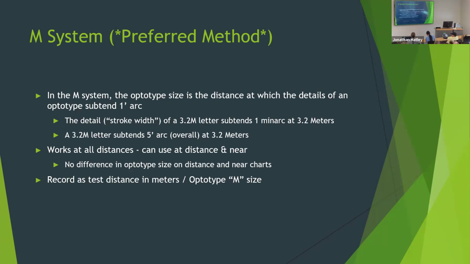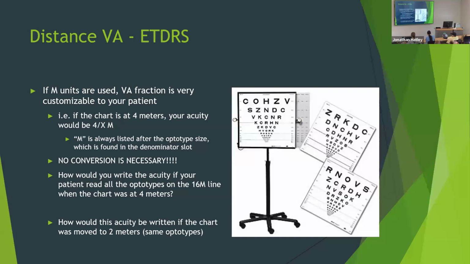All right, let's move on here. Now, on certain charts, know that it does say something at the top. It says chart is calibrated for 4 meters. I've already just told you that M acuity is so simple. All you got to do is write down the distance and write down the optotype. And now I'm throwing a wrench in there and saying that some charts say 4 meter calibrated distance.